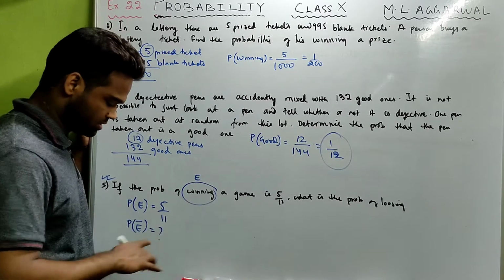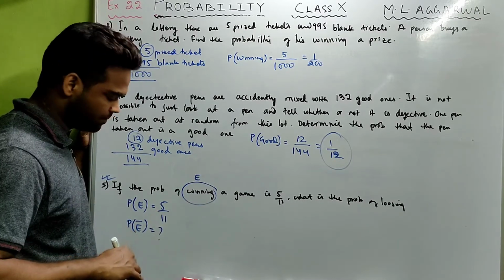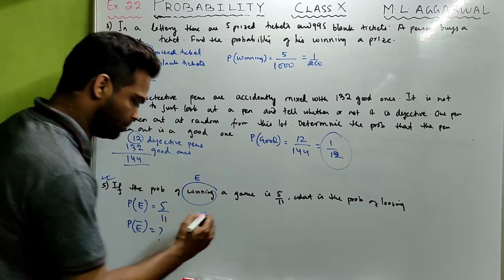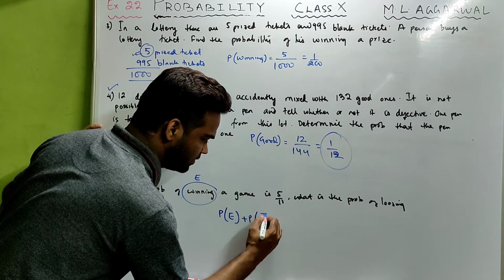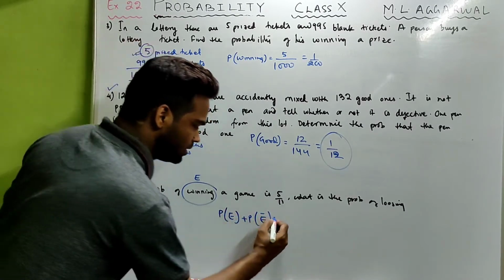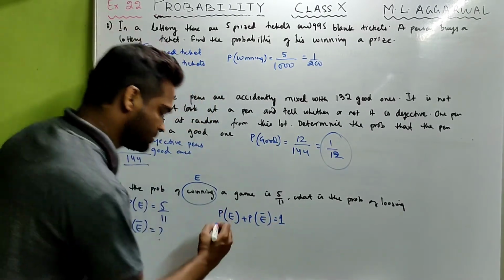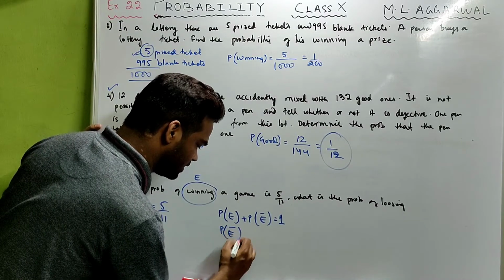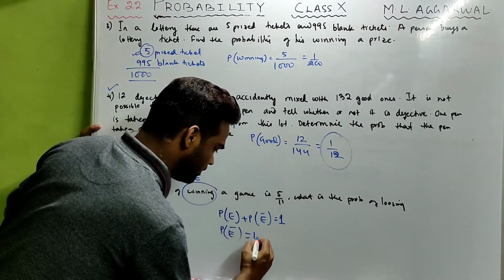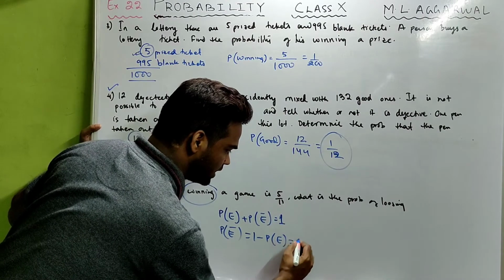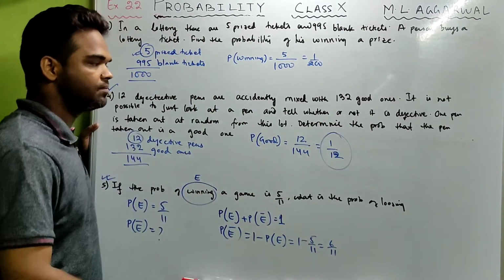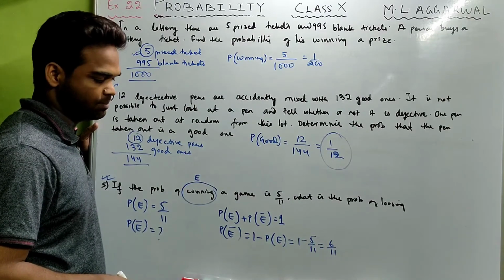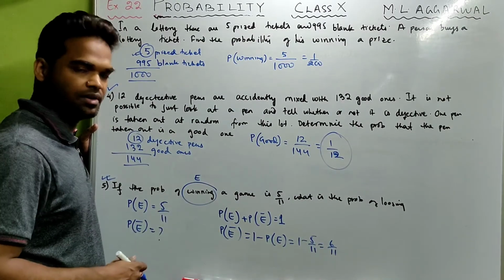Complementary event, E bar. Now we know probability of an event plus probability of that complementary event not happening is 1, which means probability of not winning, or losing, will be 1 minus probability of that event, that is 1 minus 5 by 11, that is 6 by 11. Done. Pretty simple.